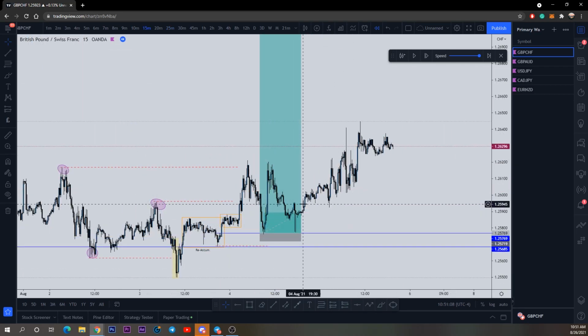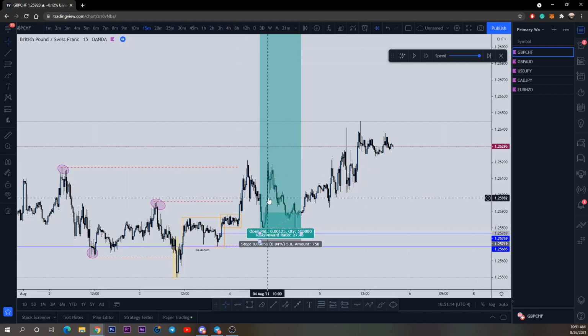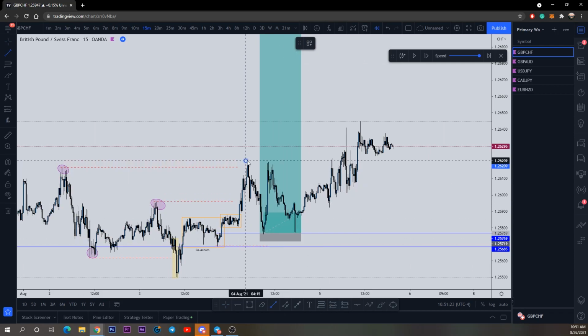Okay, so as the market came down, we tapped into our entry, right? Now I know what some of you guys are saying, break even, right? In my rules, in order for me to go to break even, I need this high to be broken.